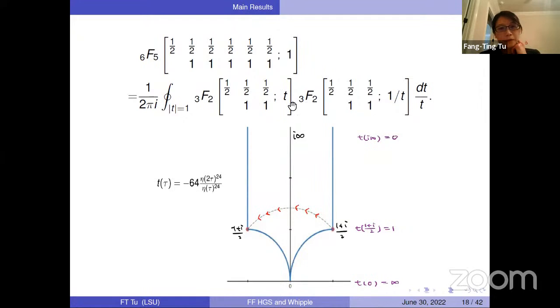So again, if we plug in t as this modular function, then we have a weight 2 form here and another weight 2 form here, and this part is also a weight 2 form. So this integral is actually the integral of a weight 6 form along the closed path t equal to 1. So now we have to figure out what the path here is.